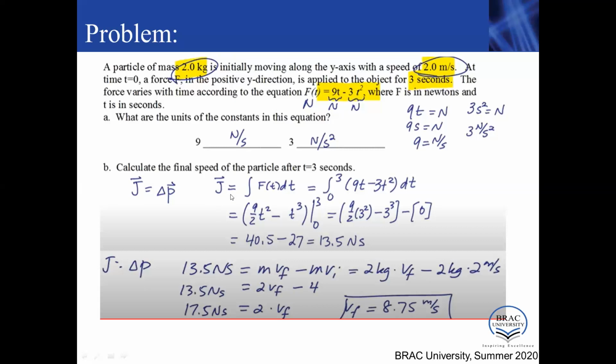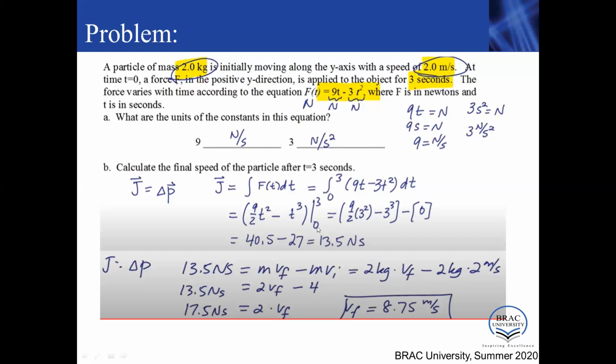So impulse J is equal to the integration of F dt, and the limit here, starting point is t equal to 0 seconds and end point is t equal to 3 seconds. So limit is 0 to 3, and the integrand is 9t minus 3t square dt. Then integration of 9t gives 9 by 2 t square minus integration of 3t square gives 3 by 3 t cube, and the time limit is 0 to 3.